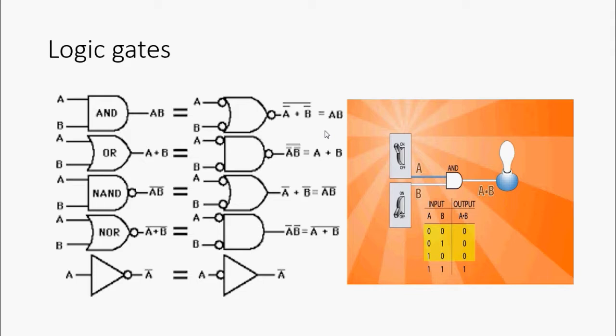Logic gates are the basic blocks of digital circuits. There are basic gates of three types: AND, OR, and NOT. Two universal gates are made of these three basic gates, which are the NAND and NOR gates. These gates are the functional blocks of digital circuits which work upon making combinations of zeros and ones.